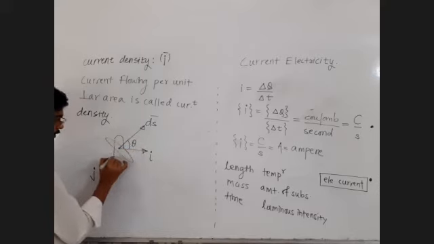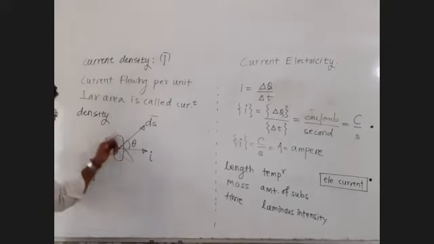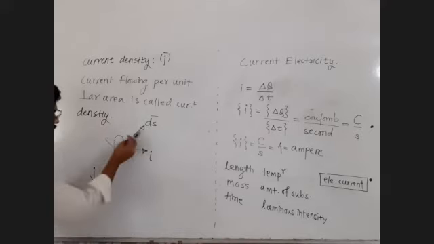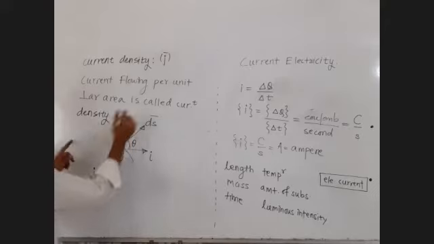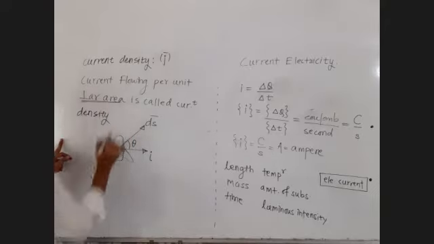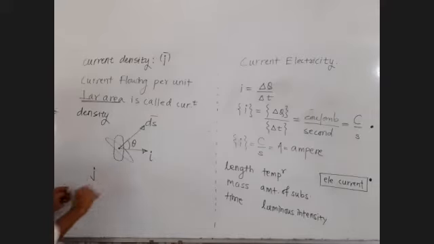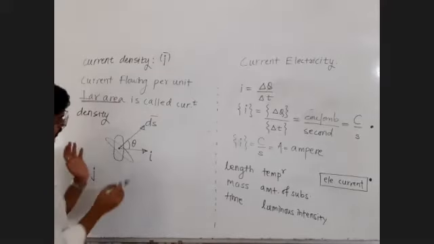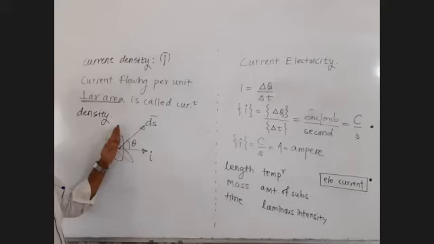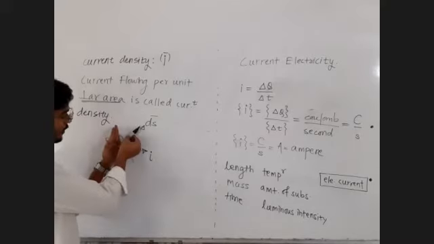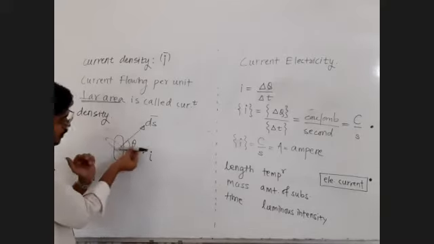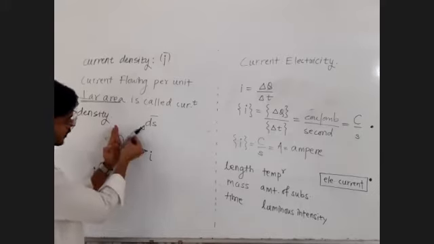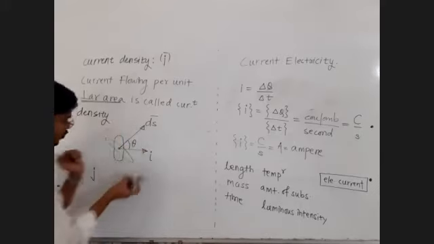How should the area be? Perpendicular to the current. The area is right now like this, but it should be perpendicular to the current. Don't make a resolution of the current. By definition, the area should be made perpendicular. You will observe it mathematically. When the area is perpendicular to the current, the area vector becomes parallel to the current.